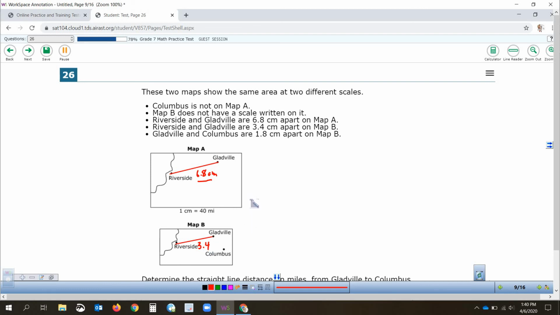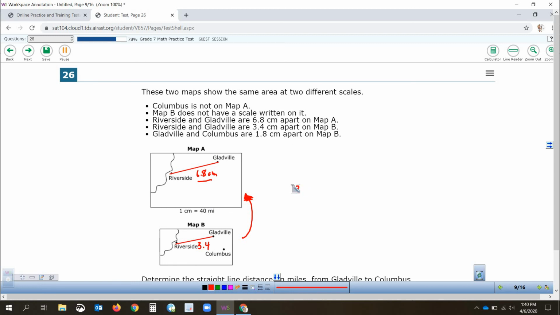So I have a question for you. How many times bigger is the scale on map A than map B? What do you have to do to 3.4 to get 6.8?